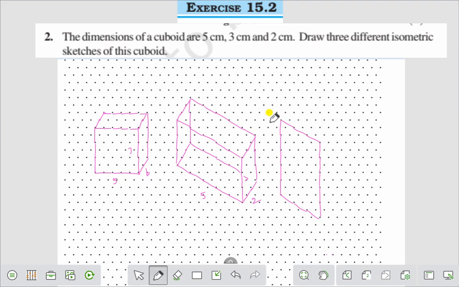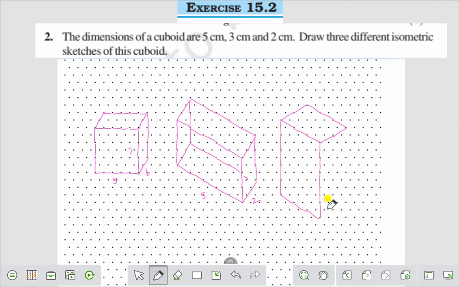Now let us take this as 2 unit, 1 and 2. Here also take 2 unit, that is 1 and 2, right? And here also take 3 unit, that is 1, 2, 3, right?